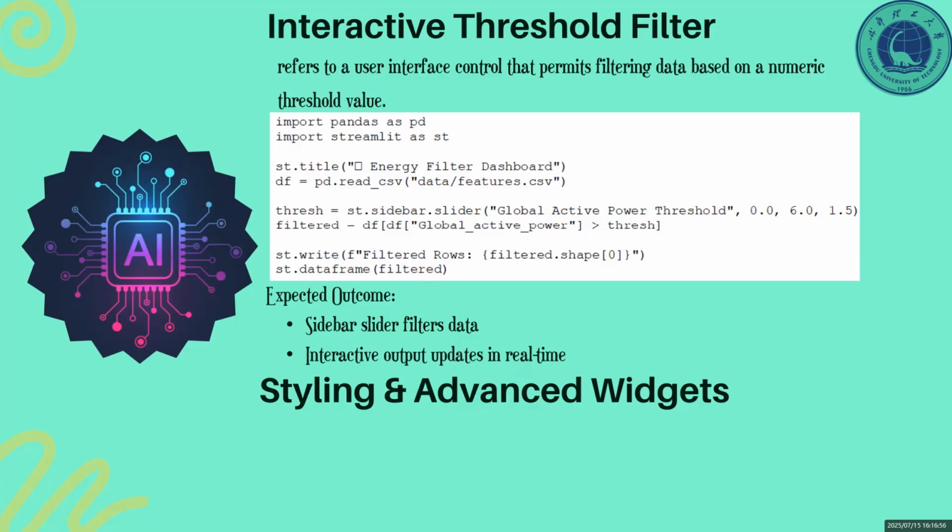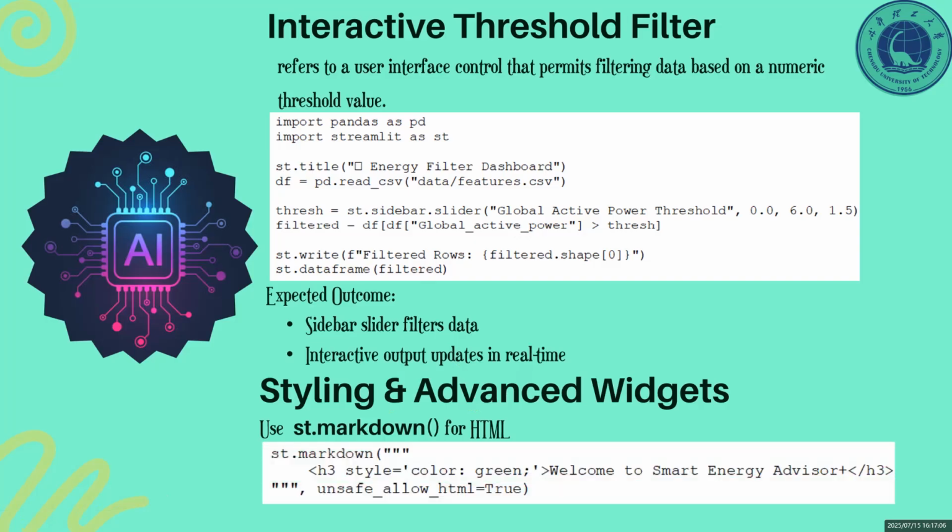Styling and advanced widgets. That is another one we have. And this uses the st.markdown function for HTML. So what does this do? It helps to beautify. It's like a decoration. So we could use st.markdown and then do whatever we want.